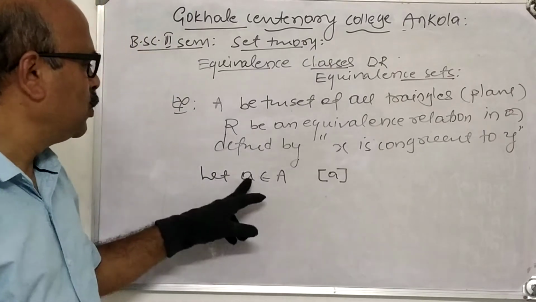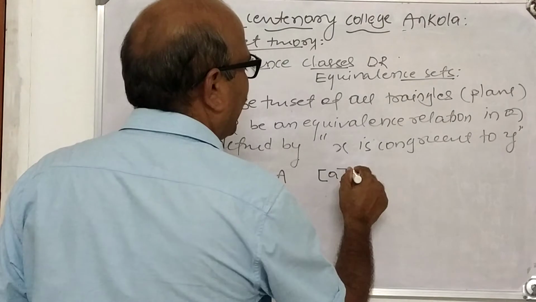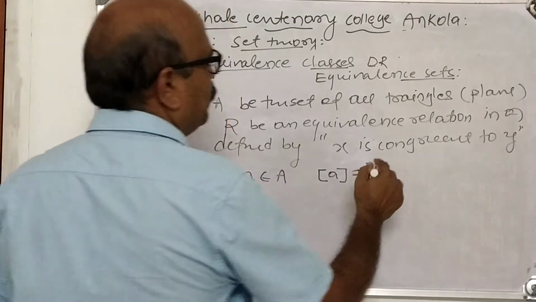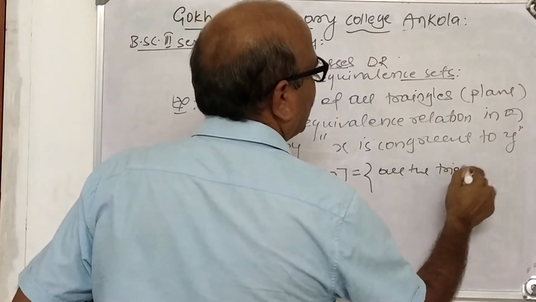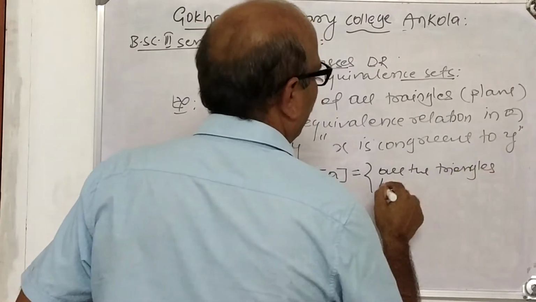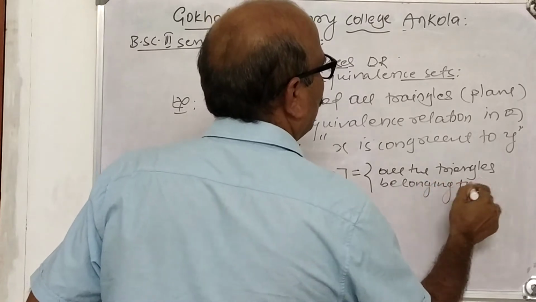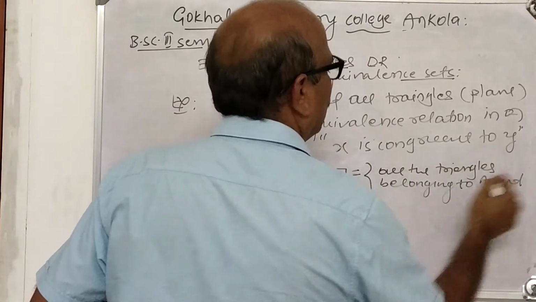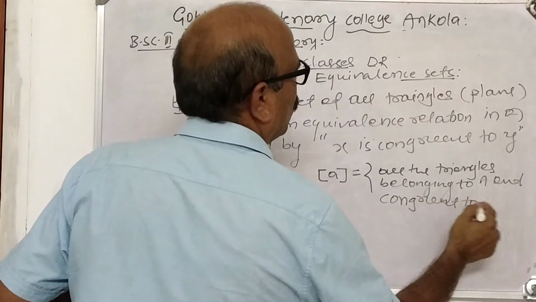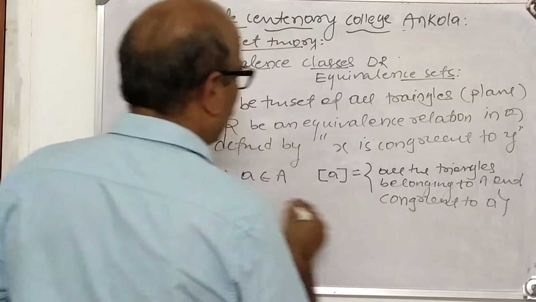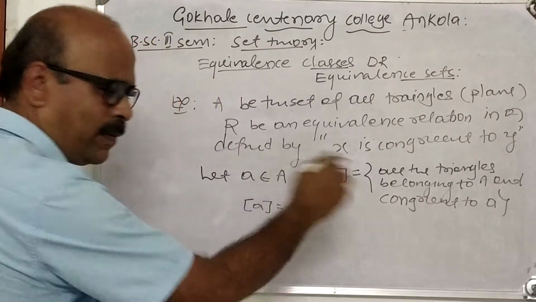Now, suppose A belongs to A. Then the equivalence class determined by A means all the triangles belonging to A and congruent to A. Or the equivalence class of A can also be defined like this.